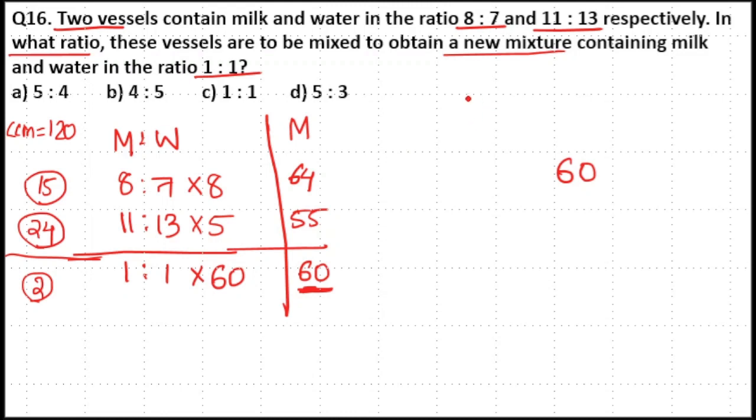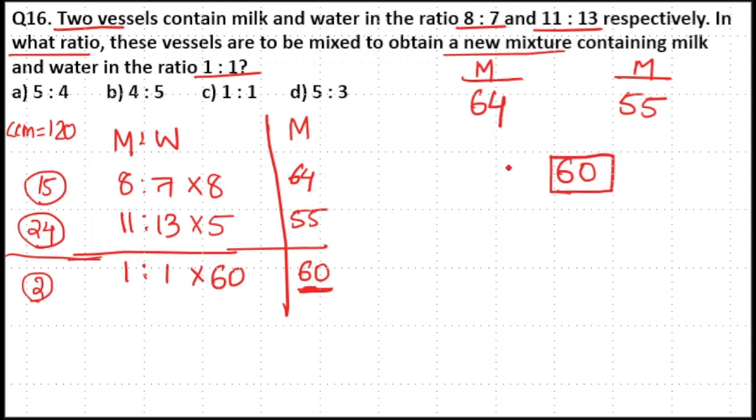Initially we have 64 unit in the first vessel and 55 unit in the second vessel. This is milk part. Now in the final mixture we have 60 unit here.